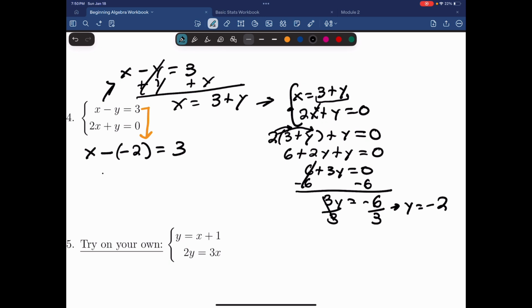Well, when we subtract this negative 2, that's going to become x plus 2 equals 3. And then to solve for x, I'm just going to subtract 2 on both sides. And we get x equals 1. So our solution to this system is going to be 1, negative 2.